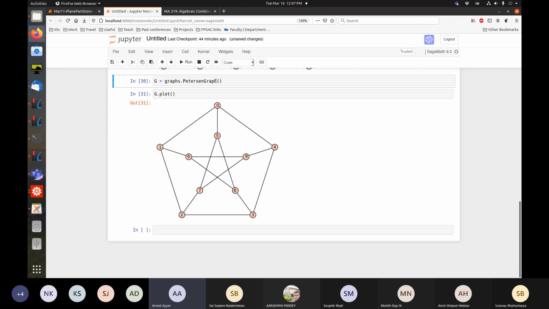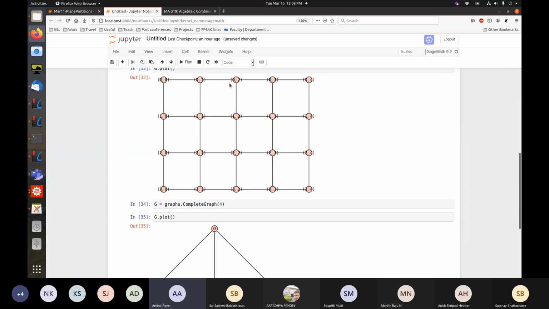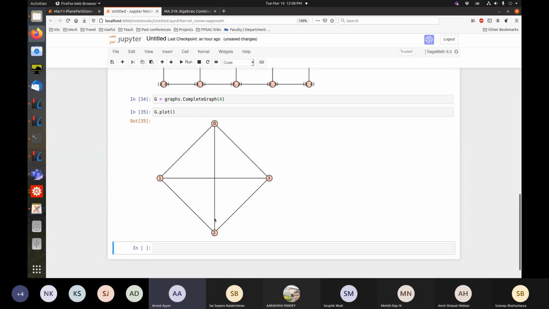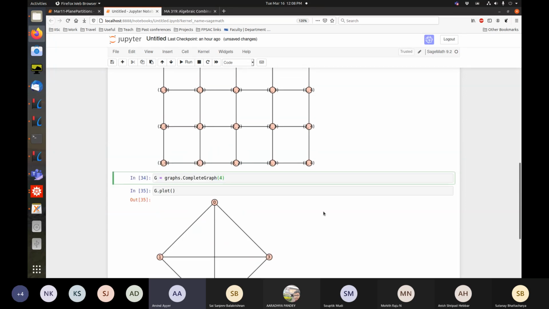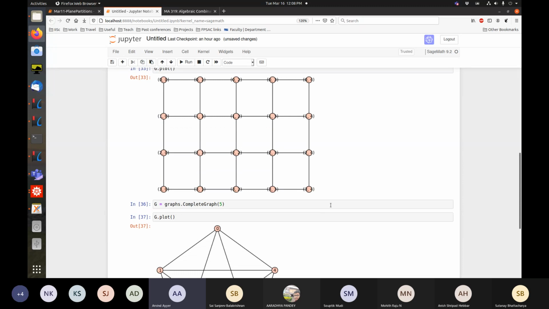So complete graph. Okay, so now let me do the complete graph. So the Petersen graph I showed you, so let's see, complete graph, and let's say 4, and let's plot that. So you see Sage is plotting it in a non-planar way. But for 5 there is really no choice.